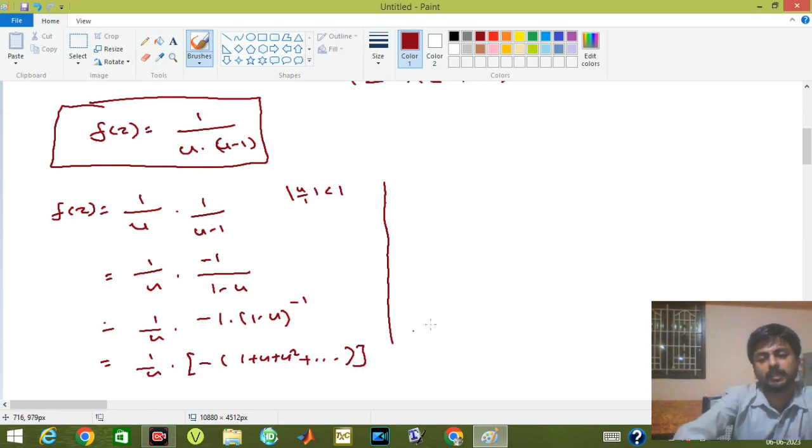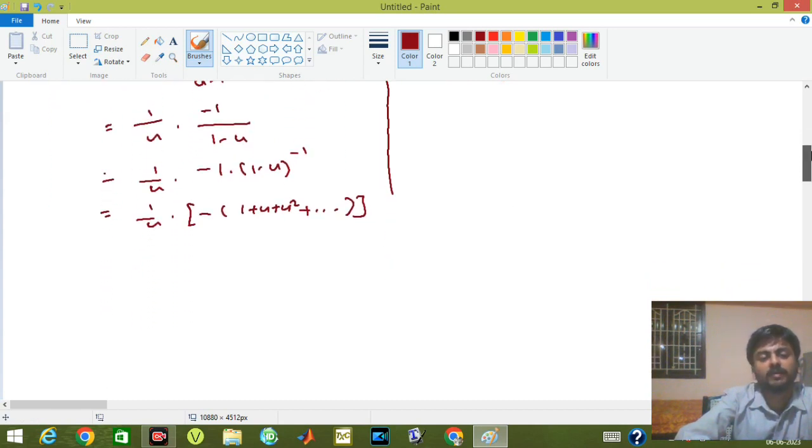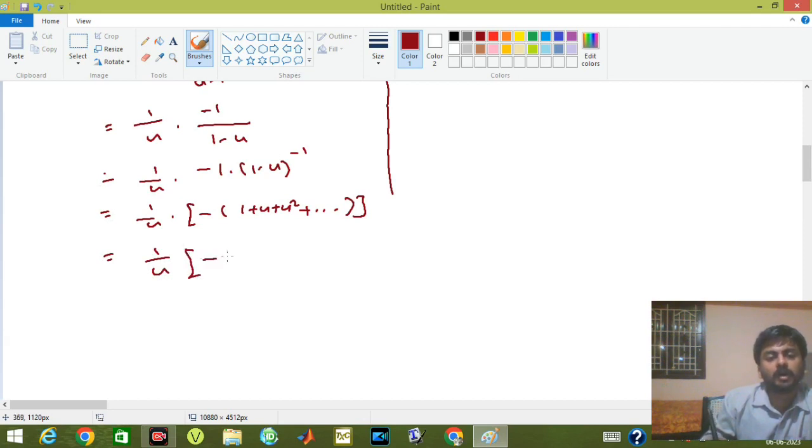Then after that we can write this as 1 by u into minus summation of u power n, n equal to 0 to infinity.